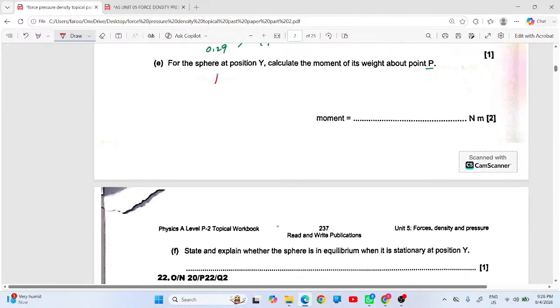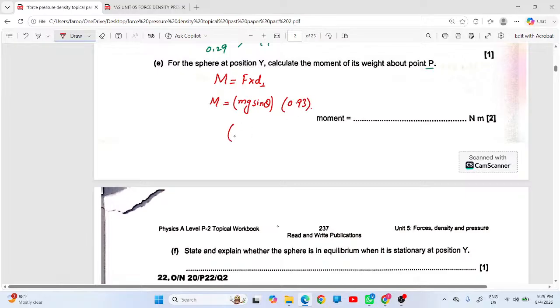तो हम लिखते हैं moment equals f into the perpendicular distance from the pivot, and in this case the force equals weight and the perpendicular distance होगा ना. तो यहाँ पे mg हाँ ठीक है, we have to take mg sin theta, perpendicular component of the force, and the distance is 0.93.